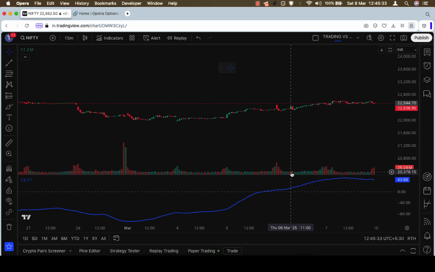At that moment, you can start writing the puts. Which put would I like to trade? I'd like to trade the 22,300 put, which is at the money. This is the 6th of March expiry, that means the previous Thursday. If I write the 6th of March put, what should be my strategy?